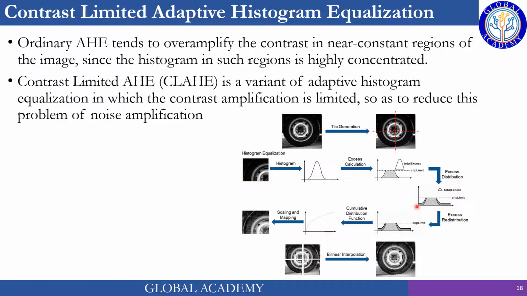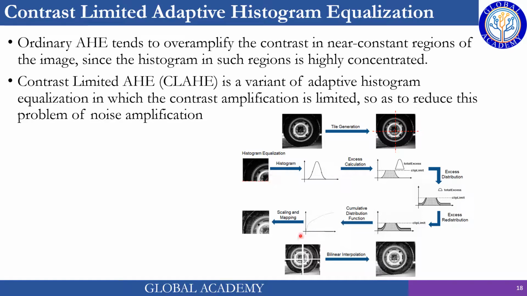Then clip the excess distribution. Redistribute this excess distribution over the entire range of colors, and then compute the cumulative distribution of this new redistributed histogram.